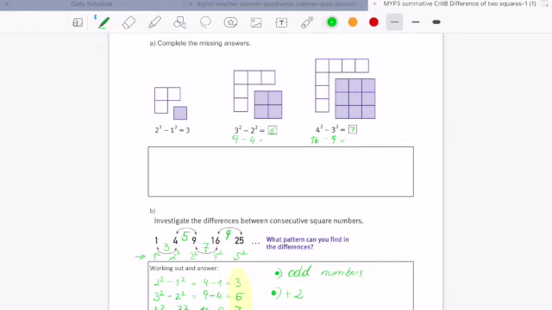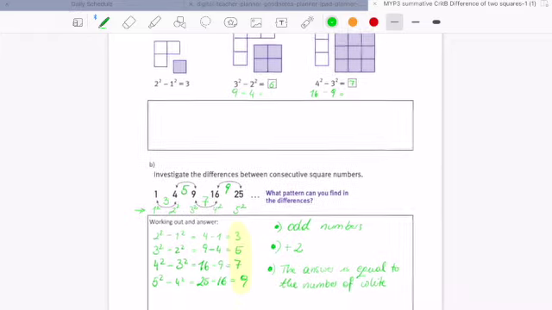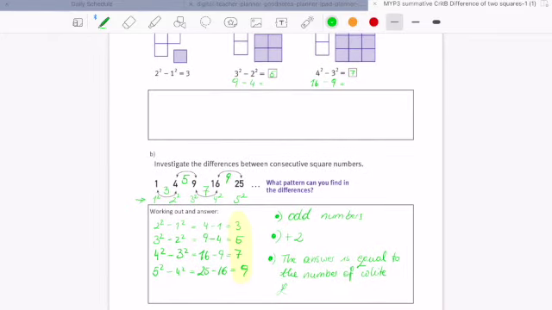The answer is equal to the number of white squares.